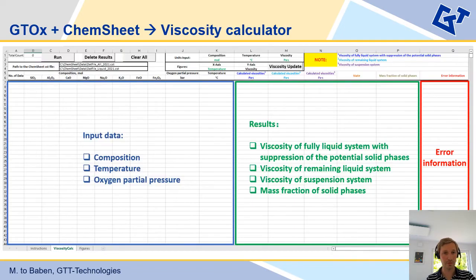And if you also have ChemSheet together with GTOx, you will have access to the viscosity calculator, where you can input composition, temperature and oxygen partial pressure, which is usually easier to input than iron 2 plus, iron 3 plus ratios. And in the output, you also get viscosity of suspension systems and mass fraction of solid phases.